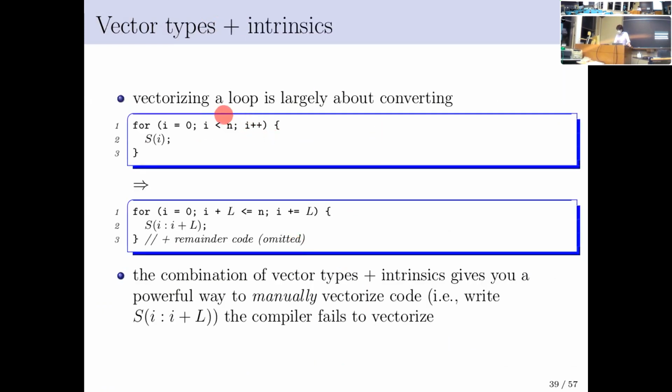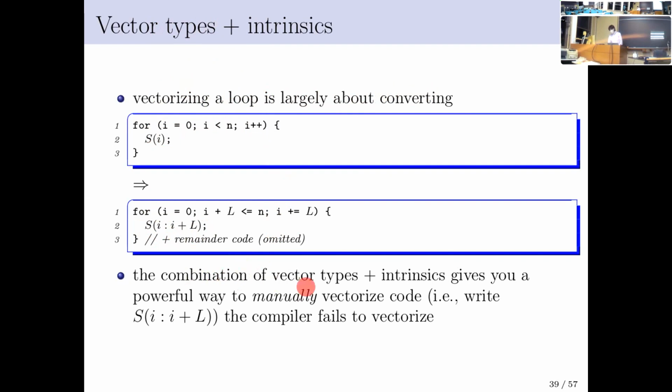Like I said, the reason this combination is so useful is that vectorizing a loop is largely about converting the original scalar loop into something like this. What you need to do is to somehow craft the instruction sequences that execute L consecutive iterations at the same time, using SIMD instructions.